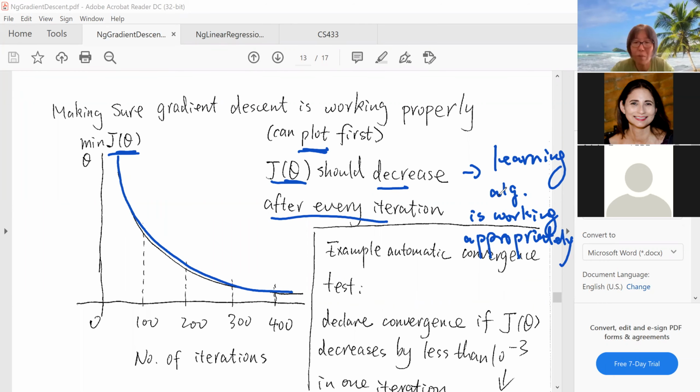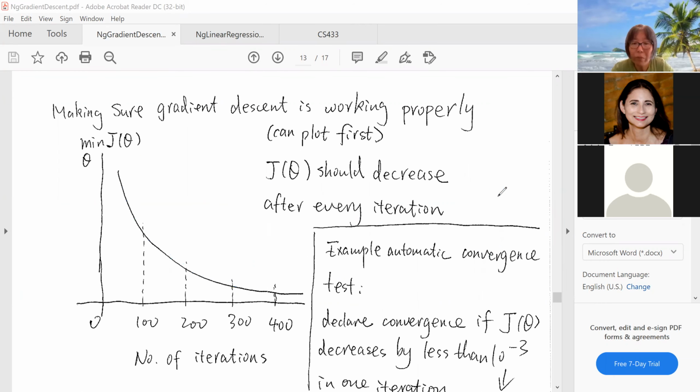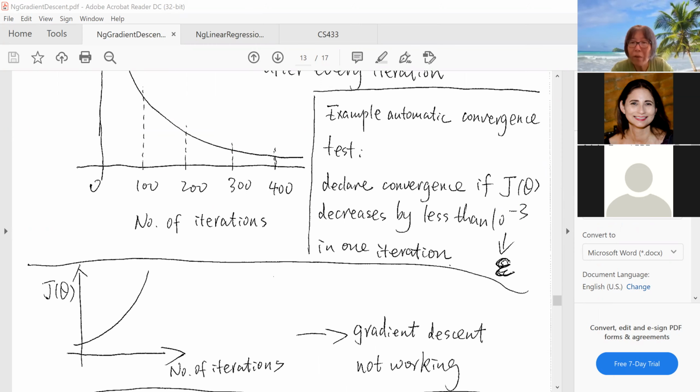You can also declare convergence. The best convergence is 0, but that's very hard to reach. So you can declare convergence when the cost decreases by less than a certain value.